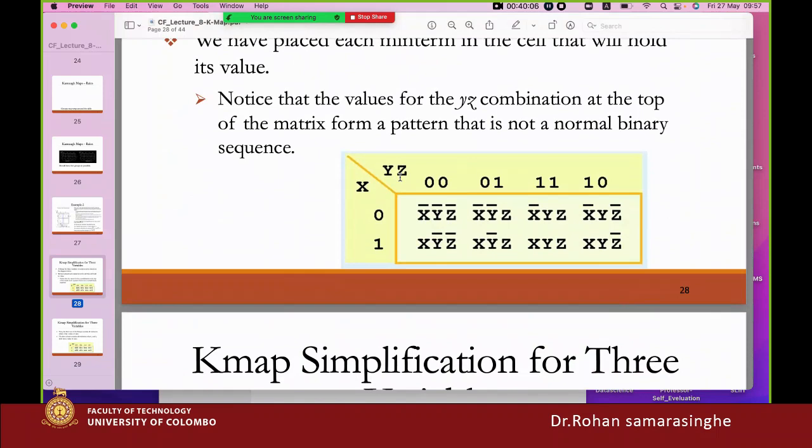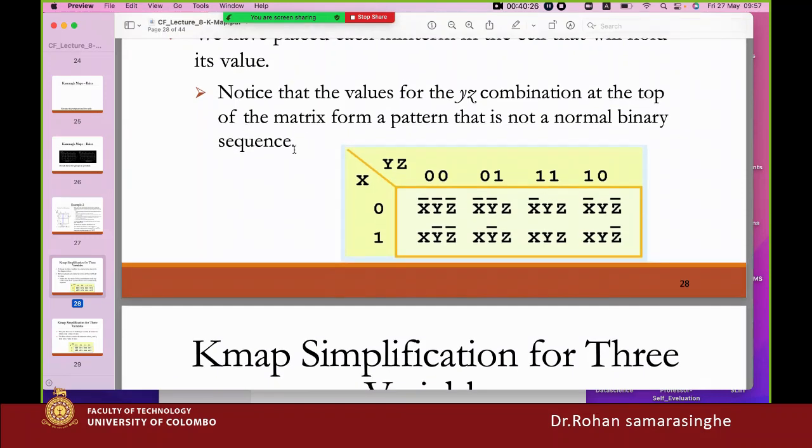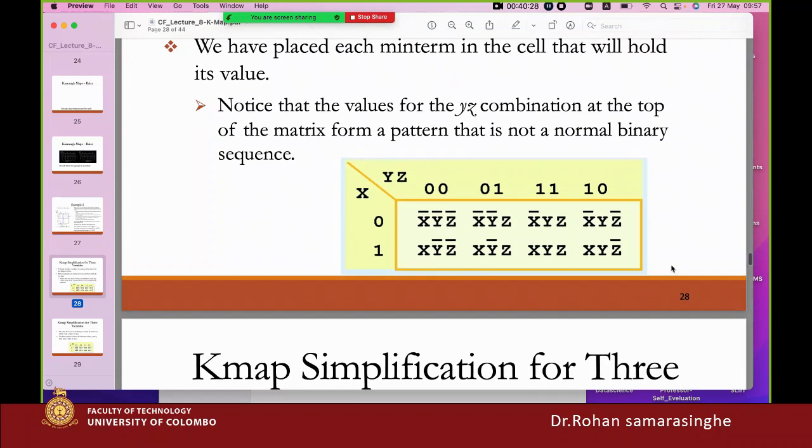Sometimes we have two variable Boolean expressions, three variable Boolean expressions, as well as four variable Boolean expressions. In such case, you have to understand how to simplify using Boolean algebra. Here, if there are three variables in your diagram, you can put x, y, z.